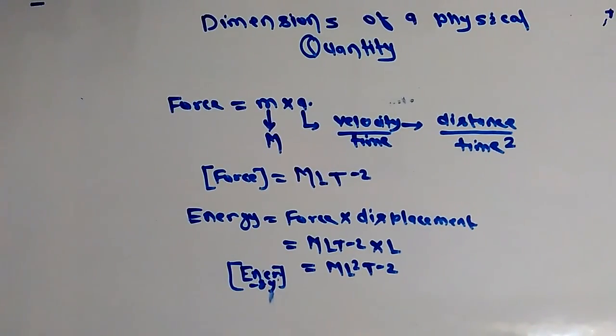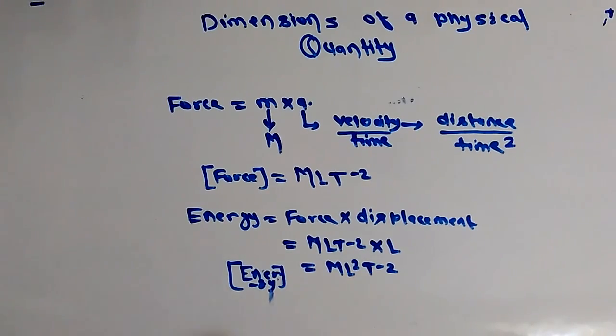There are many more physical quantities of which you can calculate the dimensions. Suppose you have to calculate the dimension of work, which has the same dimension as that of energy. The formula of work is force into displacement.